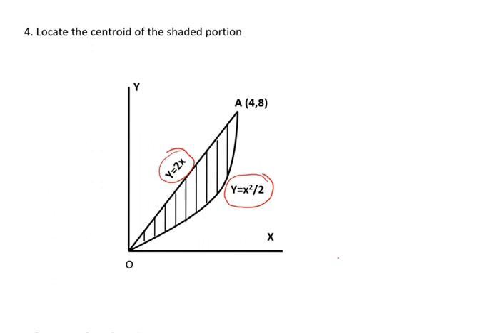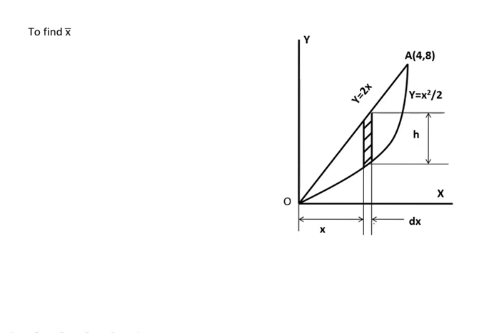So what we can do here is we need to go to the basics of your centroidal findings, that is to find x bar similar to what we had done, we need to consider a small distance dx which is moving from 0 to 4, where 4 is the x coordinate. So you need to have a strip which is moving from 0 to 4 having this small width dx. The height of this is h, so the general equation for area I can consider.